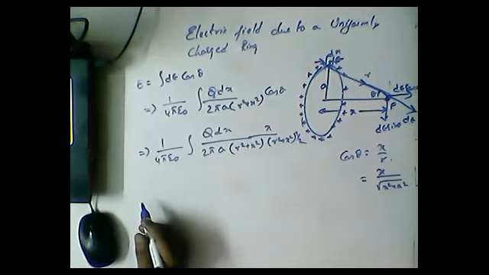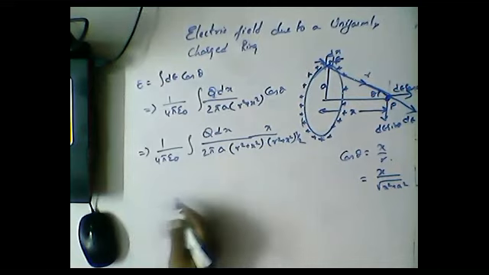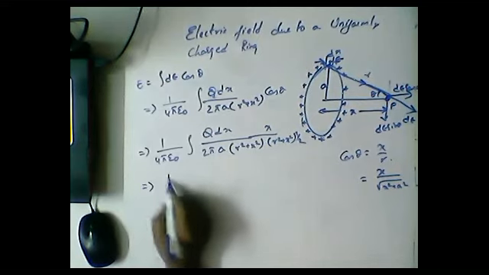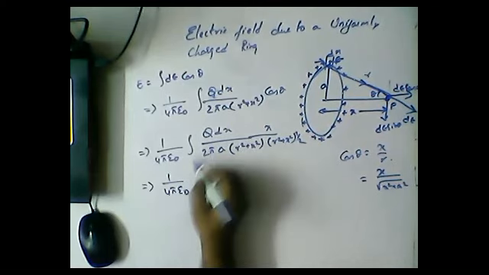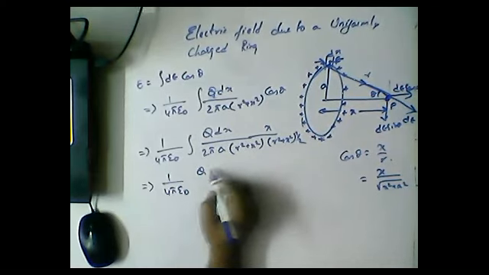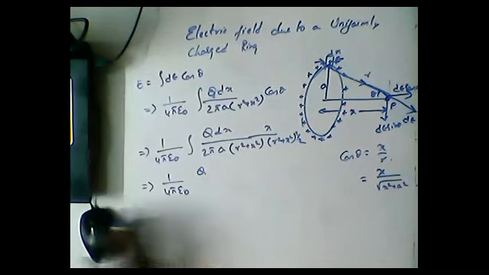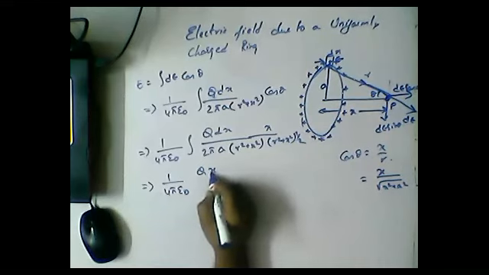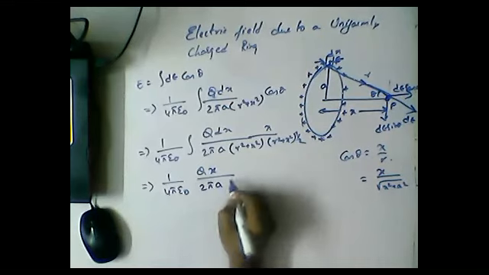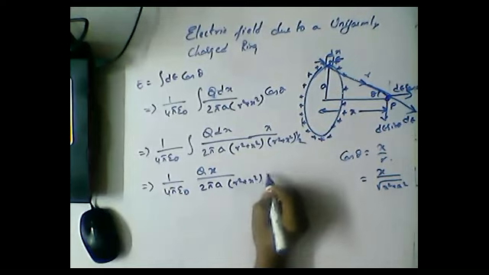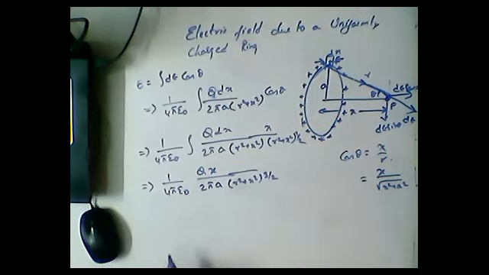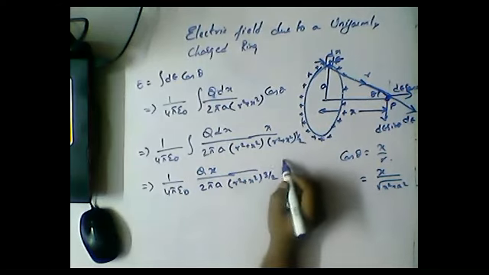So we are getting E is equal to 1 by 4 pi epsilon, the constant q, and here qx by 2 pi a r square plus x square whole power 3 by 2, and here we have the integration of dx.